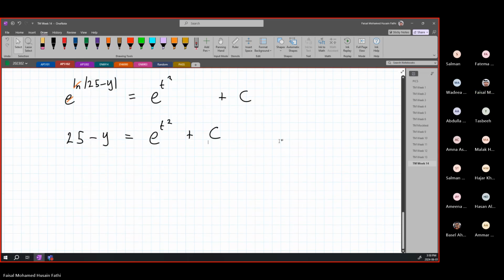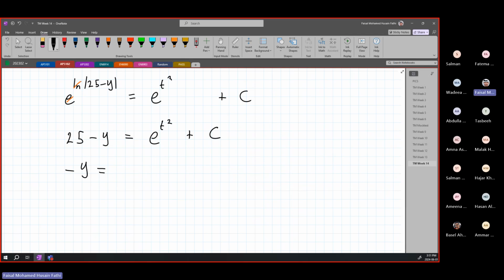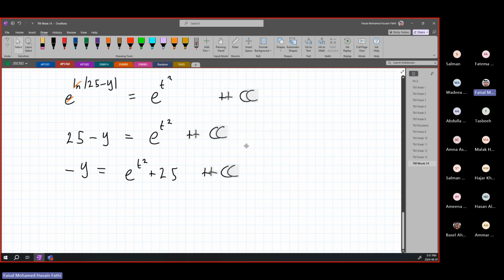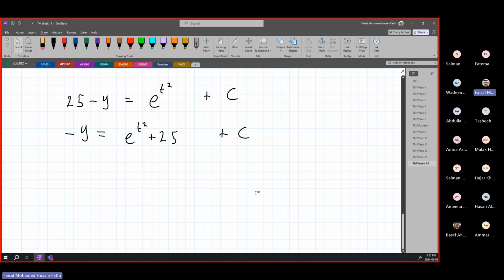Okay? Then you're going to have minus y is equal to, we take the 25 to the other side, so it's going to be e to the t squared plus c minus 25. The c will always stay by itself. It does not get affected by any of the calculations.